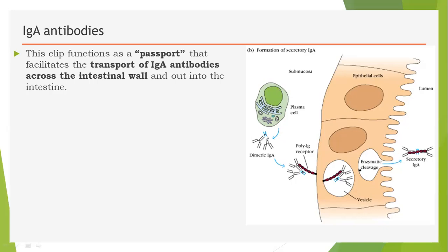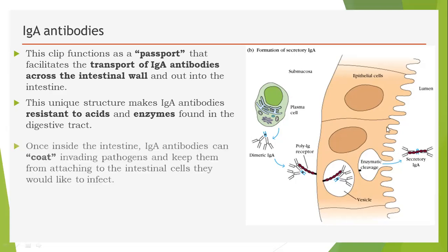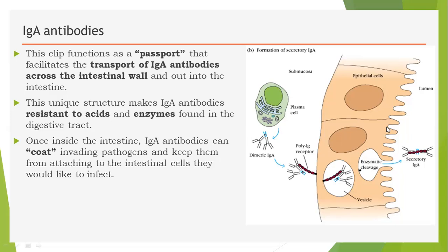Okay, so it's more of a special permit or passport that allows it to easily move through. And because of its unique structure, it's able to resist most acids and enzymes that are found in the digestive tract. That's also one significance of that J chain dimeric structure arrangement.